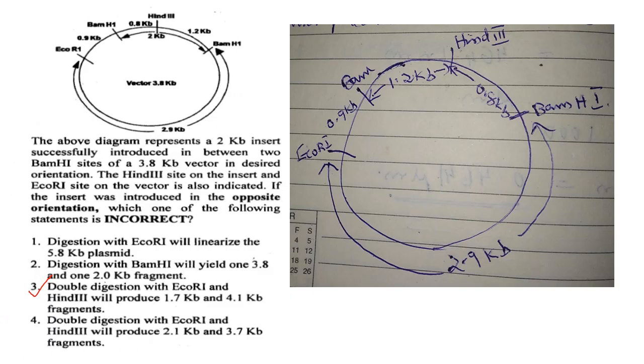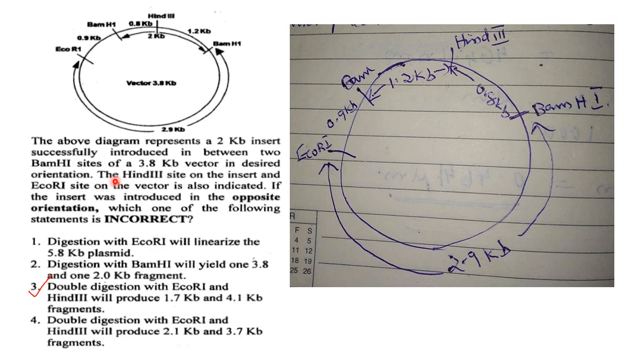The above diagram represents a 2 kb insert successfully introduced between 2 BamHI sites of a 3.8 kb vector in the desired orientation. So the vector is 3.8 kb in size, and into that you have introduced a 2 kb gene of interest.